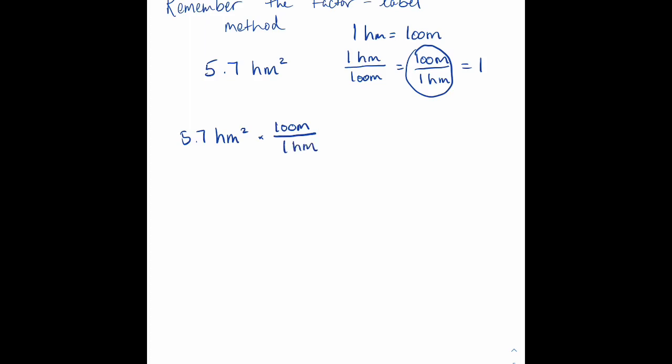Notice that I have 2 hectometers here. I have hectometers times hectometers. So when I cross out this one, I'm really only crossing it out with the one here, because I've only eliminated one of them so far. So in order to eliminate the other one, I have to multiply by that same factor again.